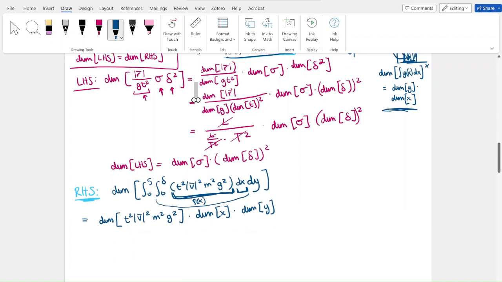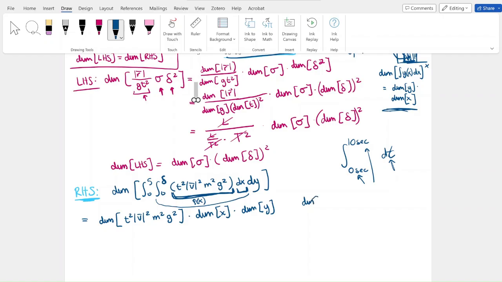Okay, so we've reduced this down, and the question though is this delta term. We want to figure out what that dimension is. When you integrate over, let's say, time, you're going to integrate from like 0 seconds to 10 seconds or something. So the dimension of these bounds is going to be the same as the dimension of the thing you're integrating over.